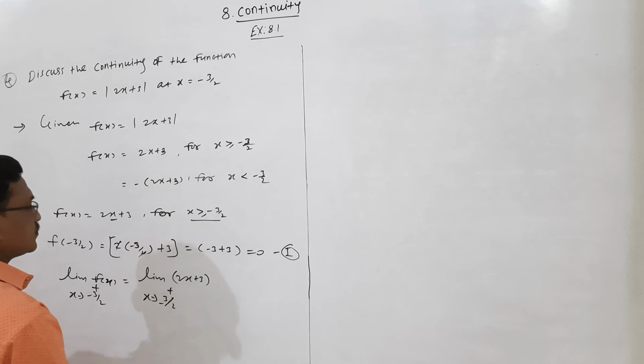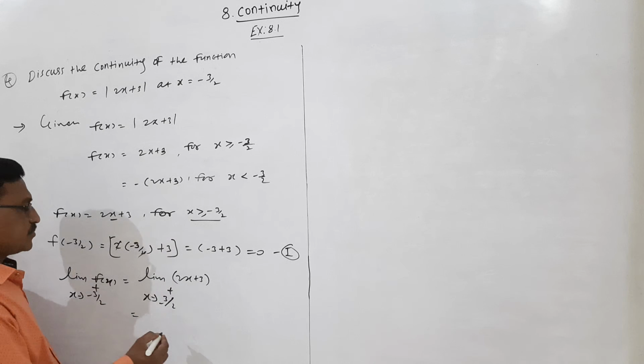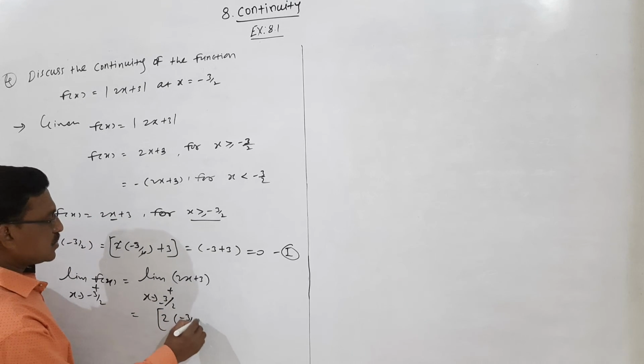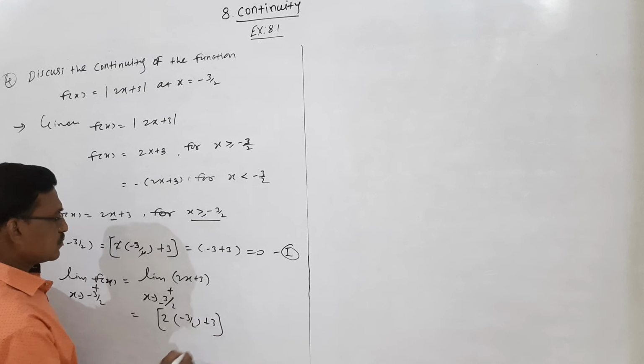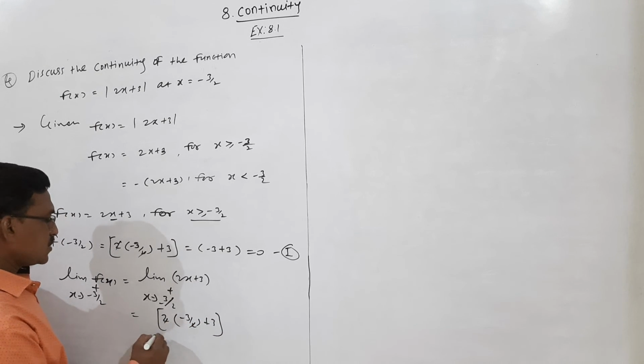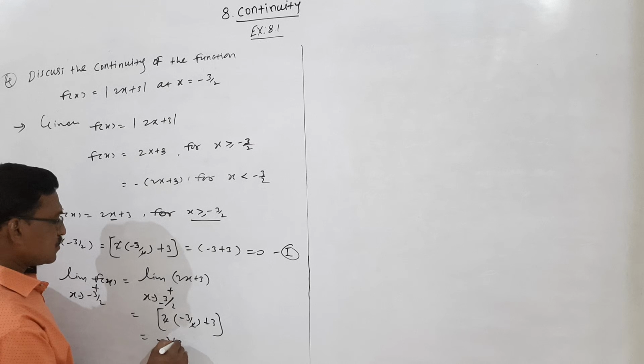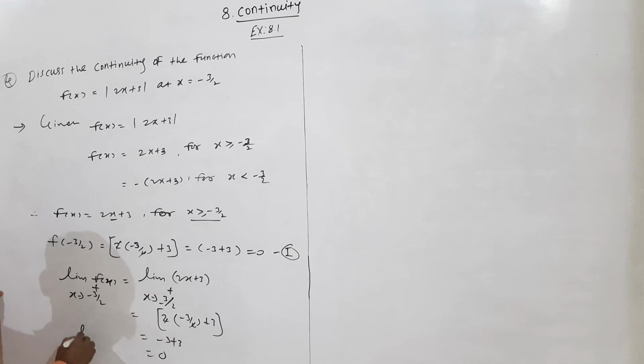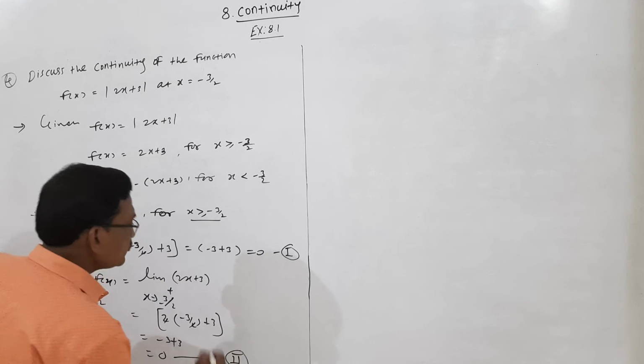So apply the limit: 2 into minus 3 by 2 plus 3. Again the 2 gets cancelled, it becomes minus 3 plus 3, so it is 0. So the right hand side limit of this function is 0. Call this second equation.